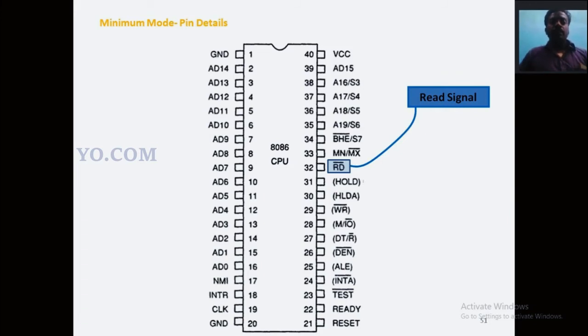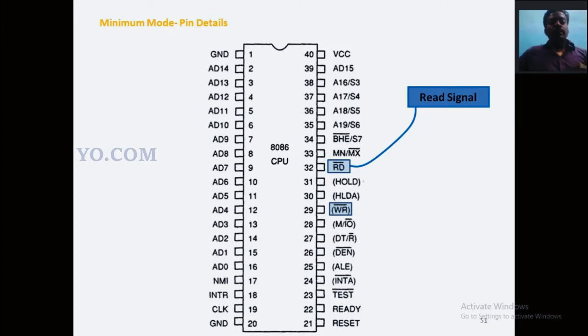This signal is also an active low signal. So if pin 32 is connected with ground, then it performs the read operation. If pin 32 is connected with 5 volts or logic 1, it disables the read operation.